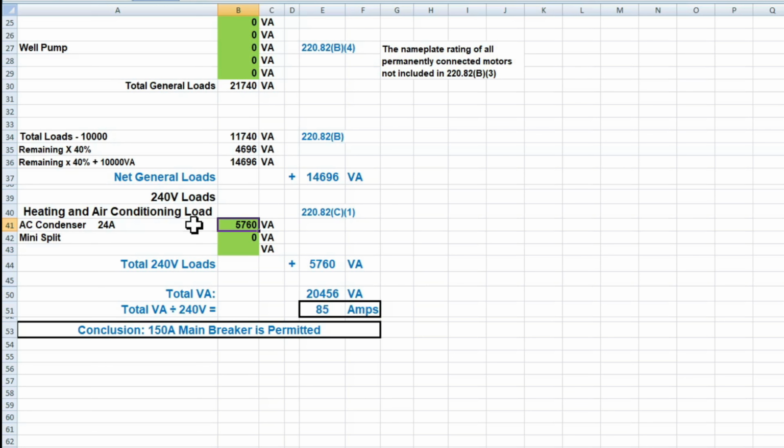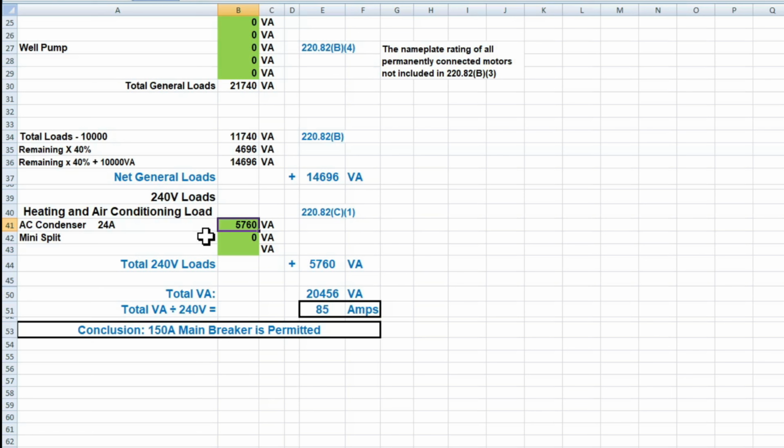Or for motor loads, you also take those at 125%. So the AC condenser is a motor load, so the 30 amp value for that is actually 125% of the actual value. So I just took 80% of it, which is the opposite of 125%, if you're trying to go the other way with it. So that's how I got the 5760.